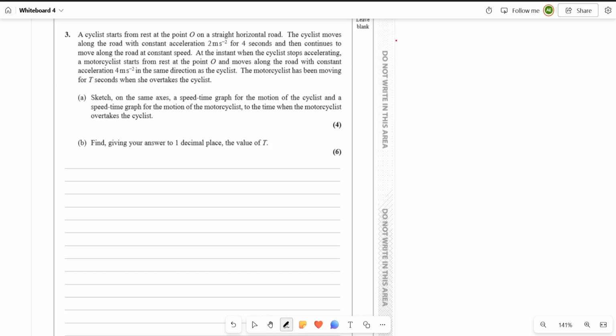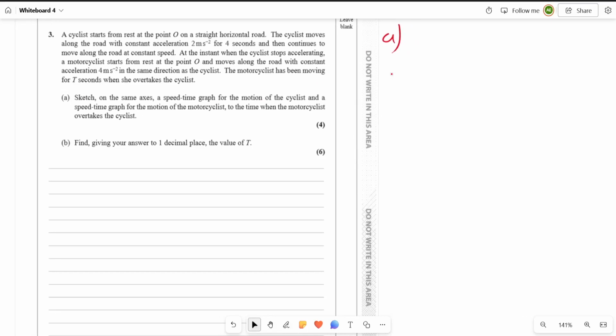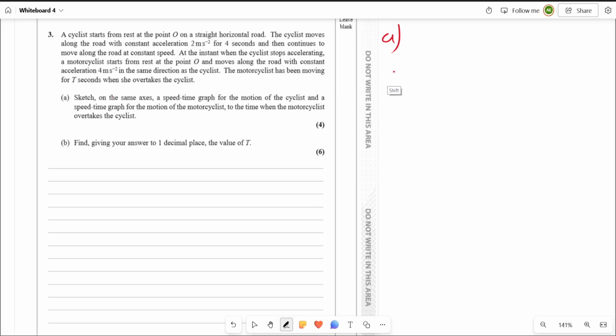So for part A, we're asked to draw a speed-time graph. In a speed-time graph, speed is going to be on the y-axis, and time is always on the x-axis. So this is time in seconds, this is speed in meters per second.